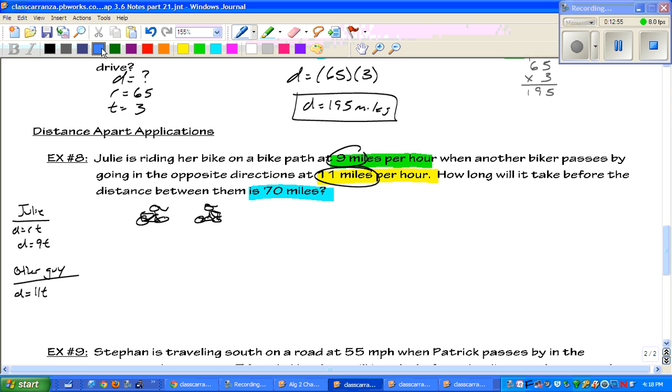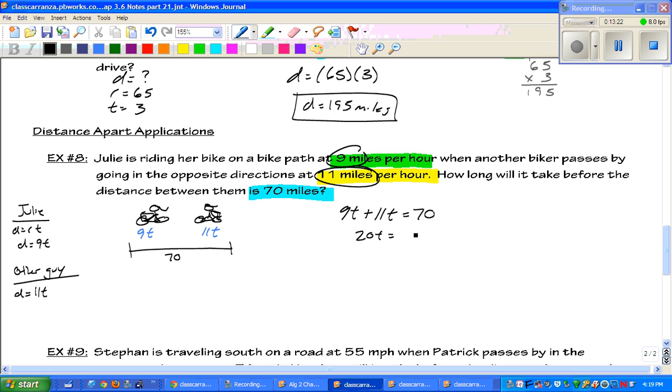So she's going 9t, where this guy's going 11t. And we want to know, when is it 70 miles? Okay, so together, if we were to write down that Julie's speed plus the other guy's speed, when is that going to equal 70 miles?